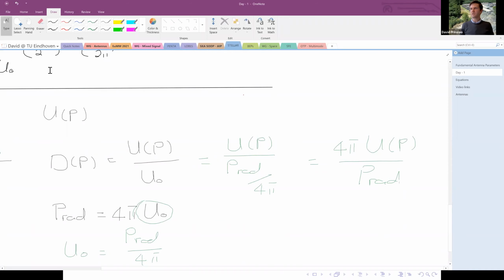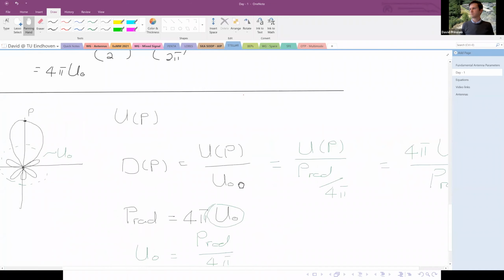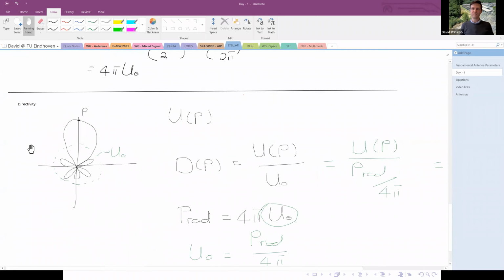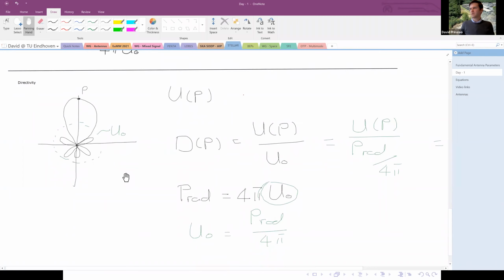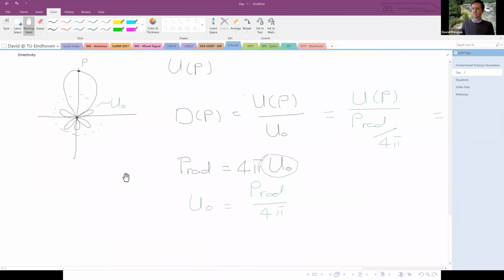And if we just think about that term, it explains the directive nature of the antenna. If you take the power that has been radiated by the antenna and distribute that evenly everywhere, isotropically, and compare it to the actual power radiated in a particular direction, then you have a sense of how directive this antenna element is. The important thing to note is that it's with reference to the total radiated power. That's the main definition for directivity.